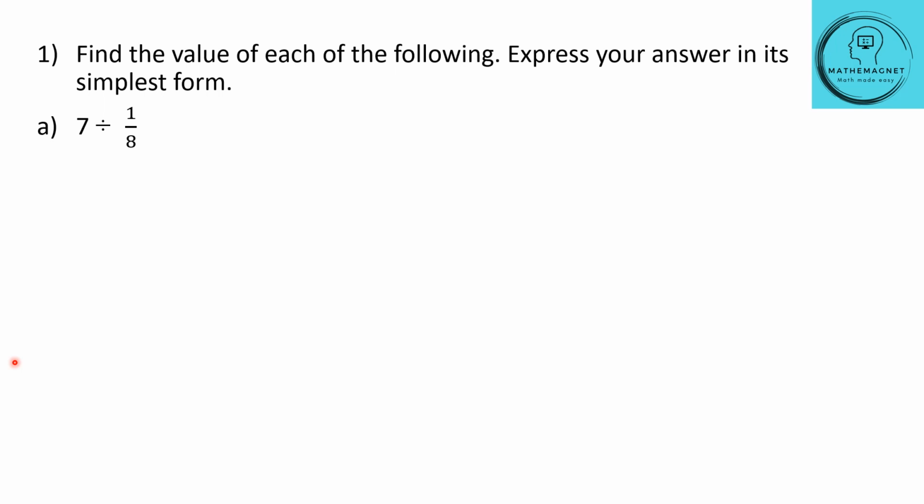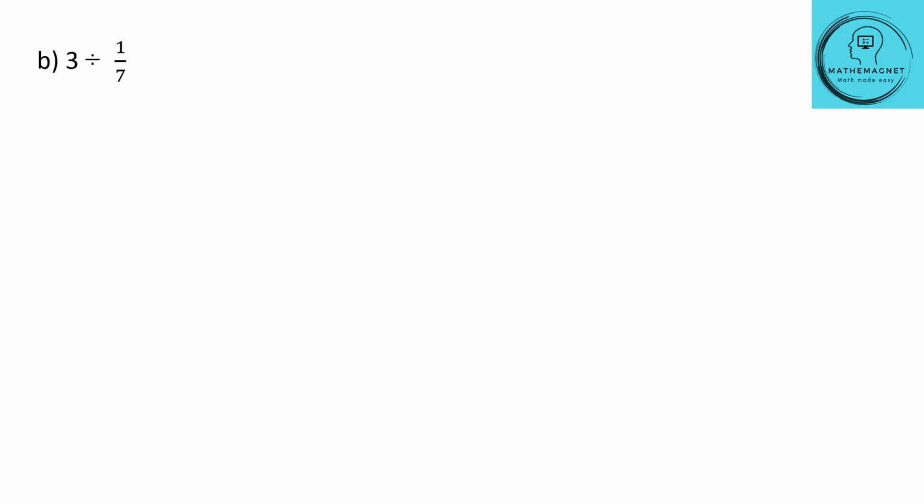The steps remain the same. Here we will rewrite it as 7 into 8 by 1. Basically division becomes multiplication and this fraction gets flipped. It becomes 8 by 1. So basically it is equal to 7 into 8, which is equal to 56 by 1, which can be written as 56.